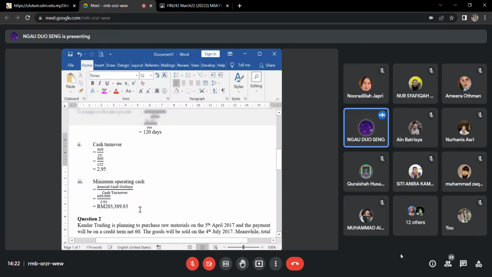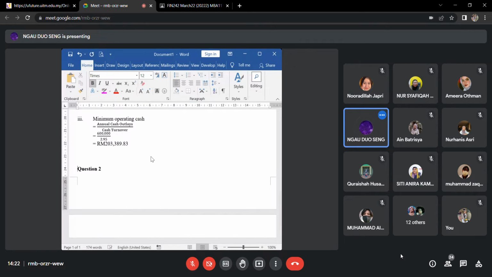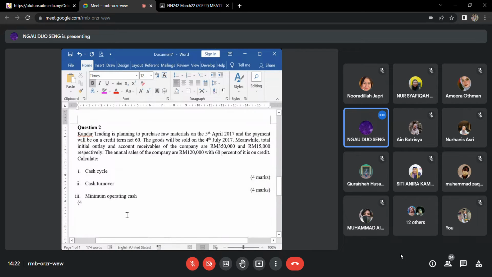Okay, then we have question 2. All right, question 2, we have Kanda Trading is planning to purchase raw material on the 5th April 2017, and the payment will be on a credit term net 60.